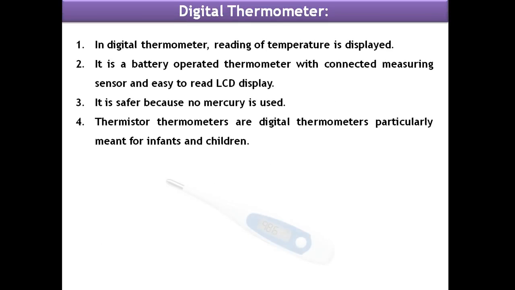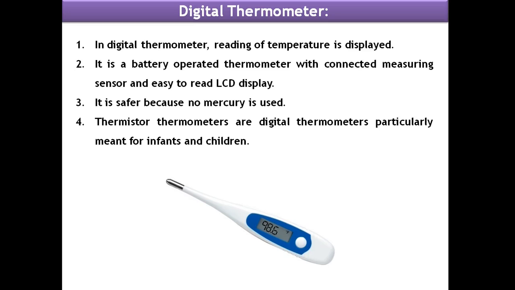Now moving on to digital thermometers. In digital thermometers, the temperature reading is displayed digitally, as in digital watches. It is a battery operated thermometer with a connected measuring sensor and an easy to read LCD display.